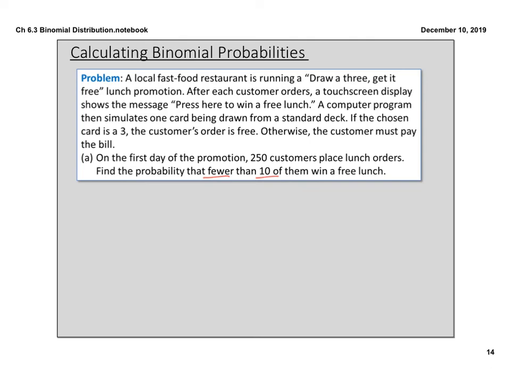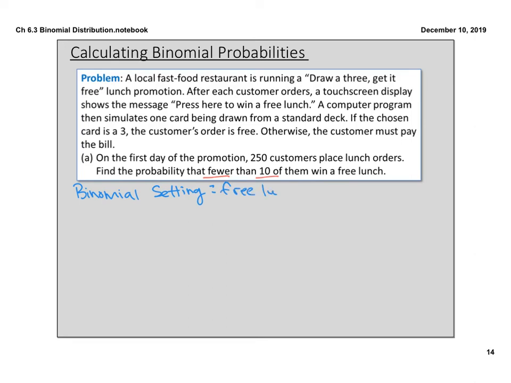Okay, so here's what we know. First of all, we need to make sure we're looking at a binomial setting. I know that I've got the B, meaning success or failure. B is good. It's either free lunch or not. That's my success or my failure.